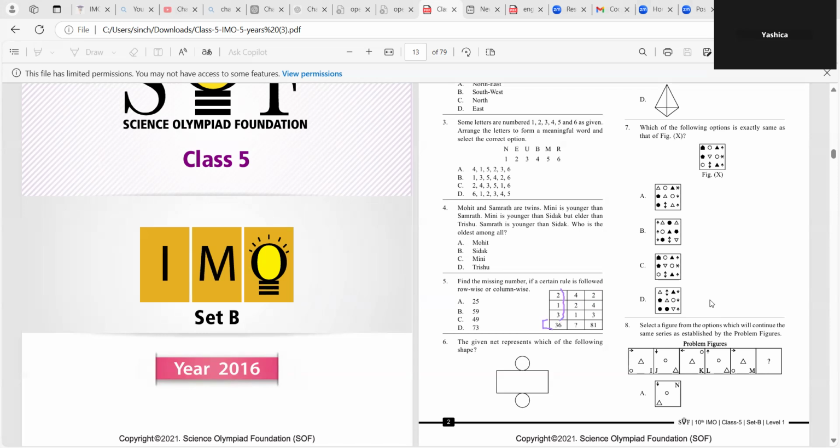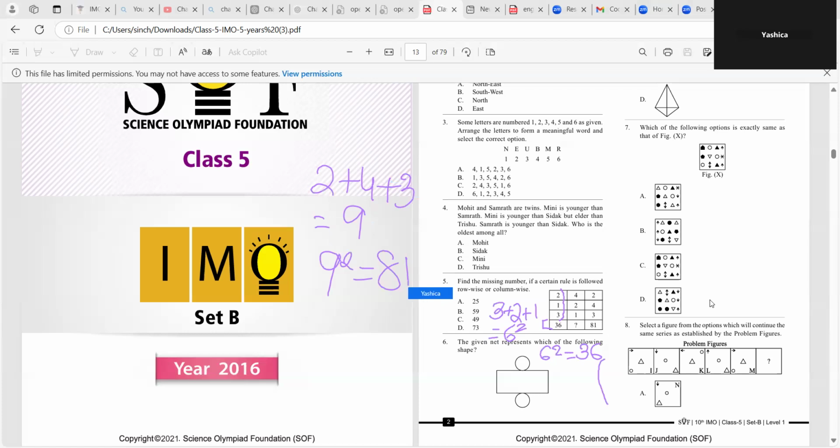So what they did here was 3 plus 2 plus 1, which is equal to 6, 6 squared is equal to 36. Similarly, 2 plus 4 plus 3 is equal to 9, and here given is 81, and 9 squared is equal to 81.